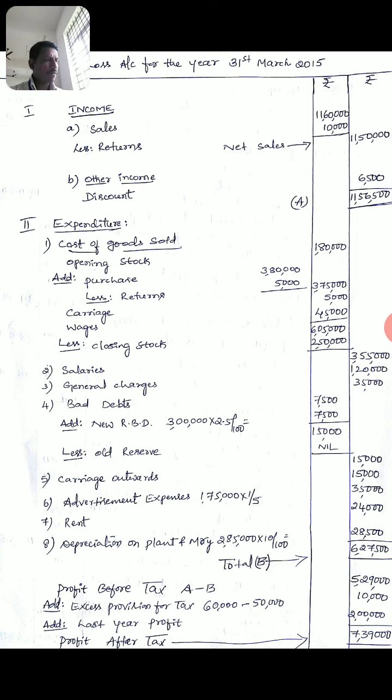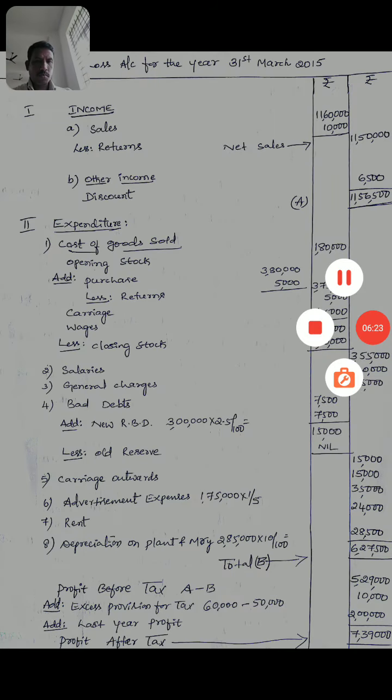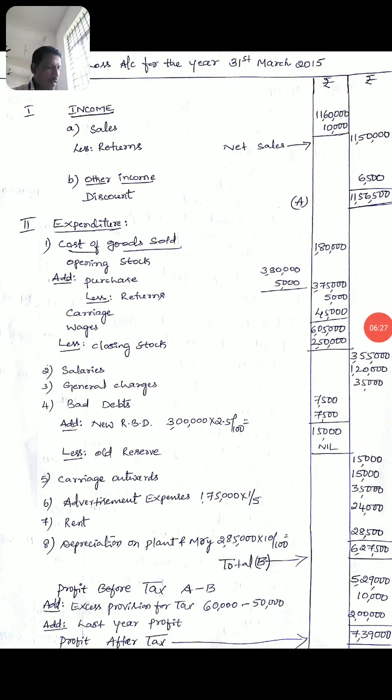Next, profit before tax, that is income minus expenditure, or A minus B. So 11,56,500 minus 6,27,500, then you will get 5,29,000 of profit before tax. For this you have to add the excess provision for tax.